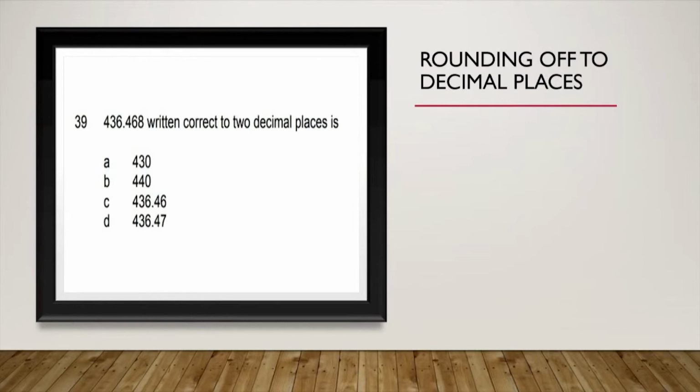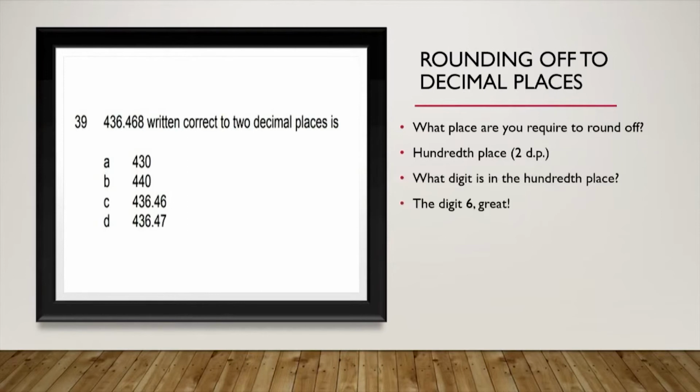So what place are we rounding off to? Exactly, to the hundredths place. So the first thing we want to do is identify which digit is in the hundredths place. And what digit is that? Exactly, the digit 6.